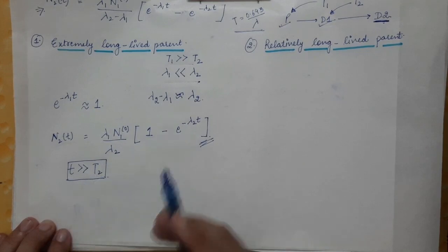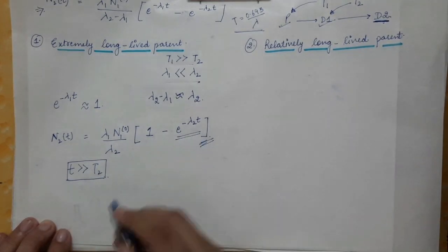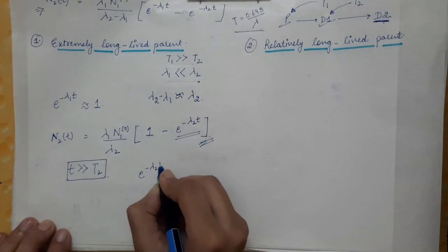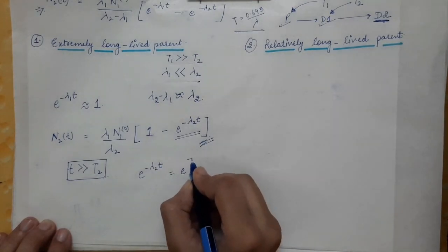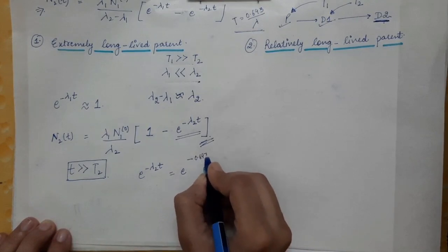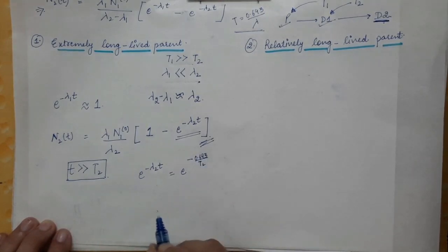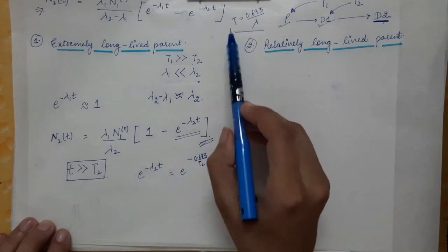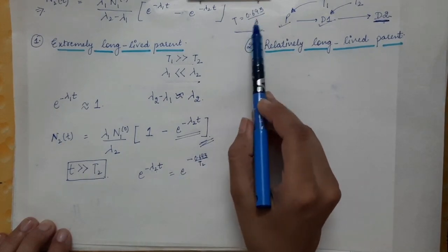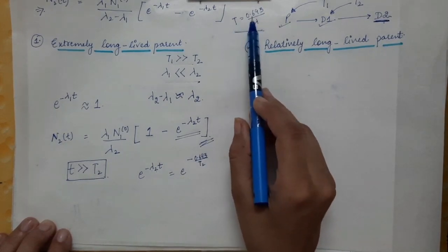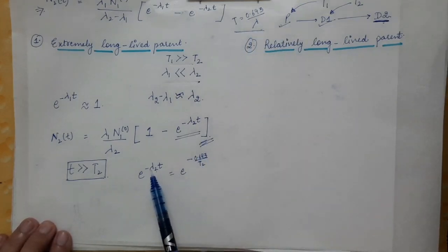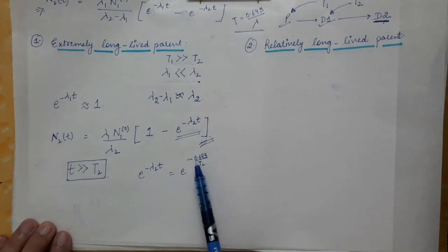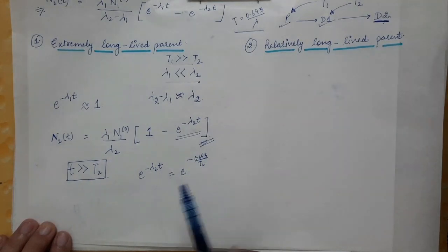So in that case, this factor e^(−λ2 t) can be written as e^(−0.693/T2 · t), which is the expression of λ2, because T is equal to 0.693 by λ. So λ can be taken as 0.693 by capital T. Here I have put the expression of λ2, which will be 0.693 by T2, into t.